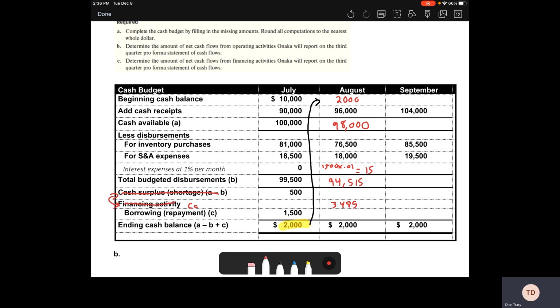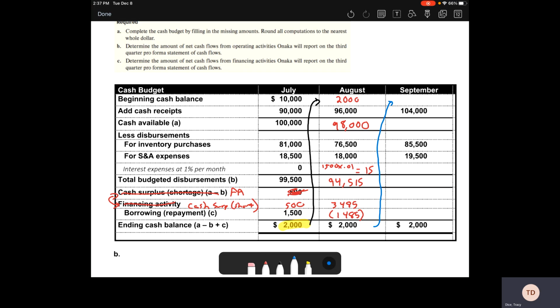So this should be my cash surplus or shortage. This is your financing activity up here. Sorry about that. All right. And since we want to have $2,000 left, that means that we can repay $1,485 of our loan.